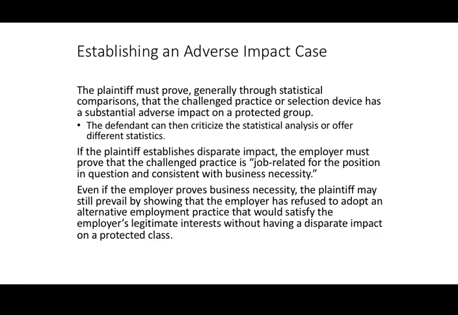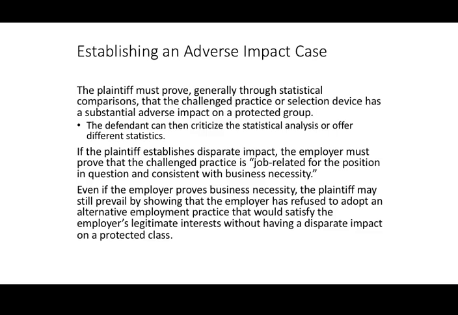So in terms of proving an adverse impact case, this is how it has to work. The plaintiff has to prove through statistical comparison, through stock statistics, flow statistics, or concentration statistics, that the challenged practice or selection device that is being used has a substantial adverse impact against a protected group.